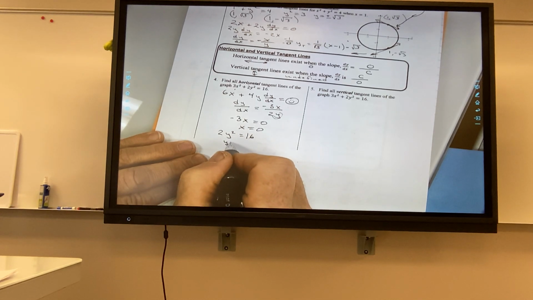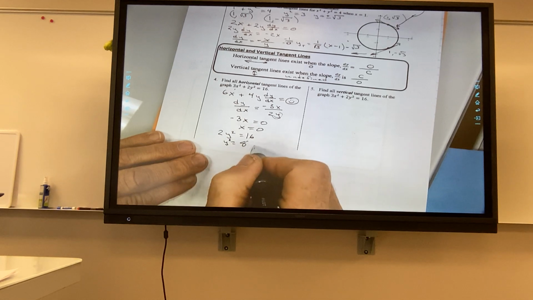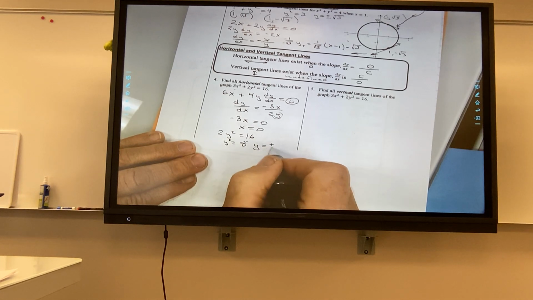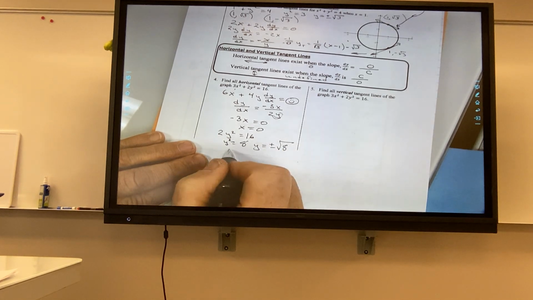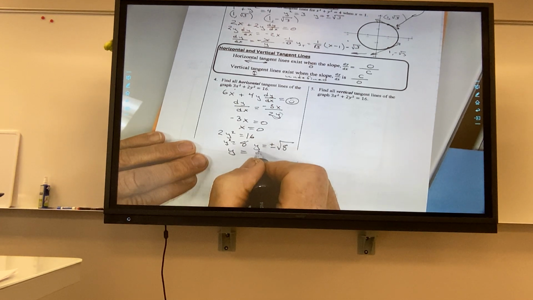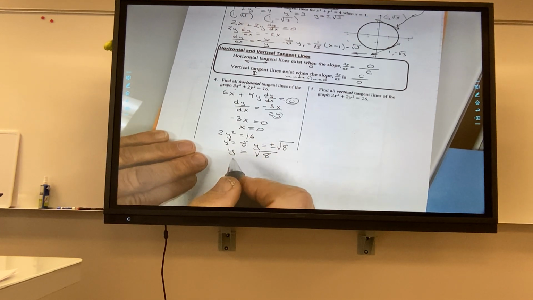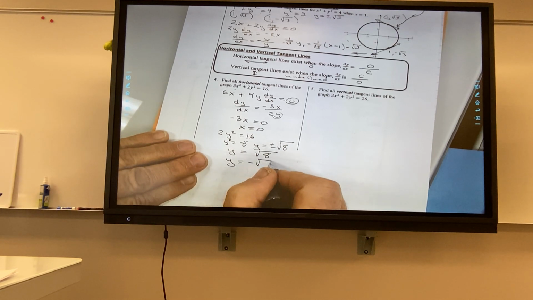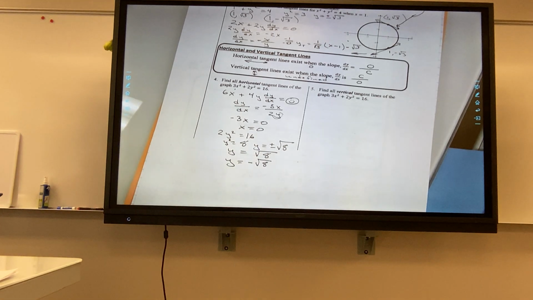Y squared equals 8. Y is equal to plus or minus the square root of 8. So I have two horizontal tangent lines, one which is y equals the square root of 8, and the other one which is y equals the negative square root of 8. Those are the only two tangent lines that are horizontal.